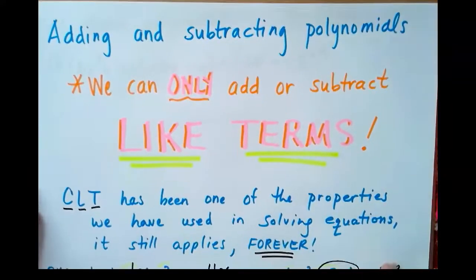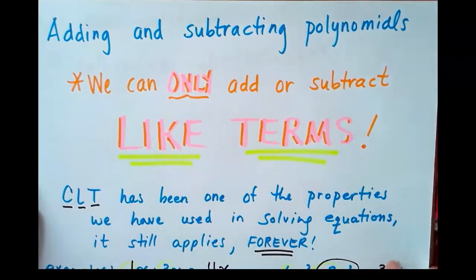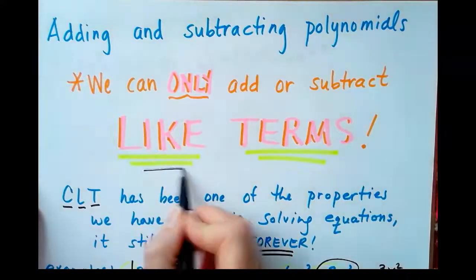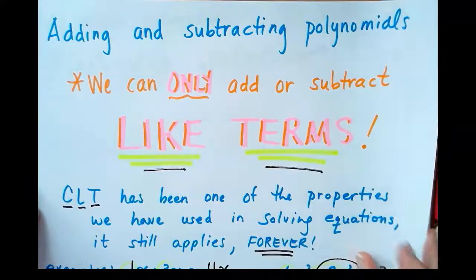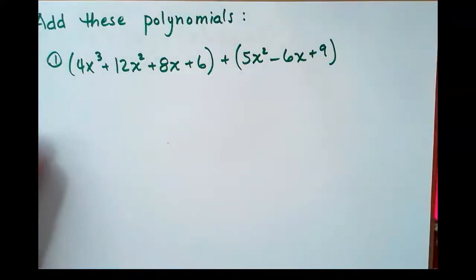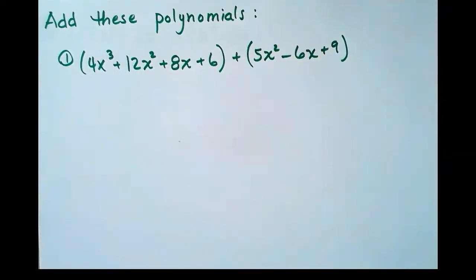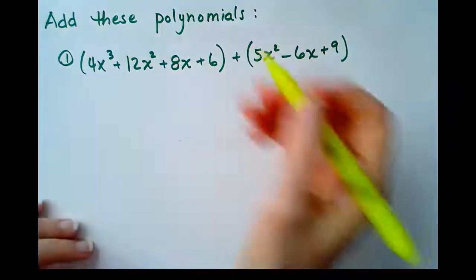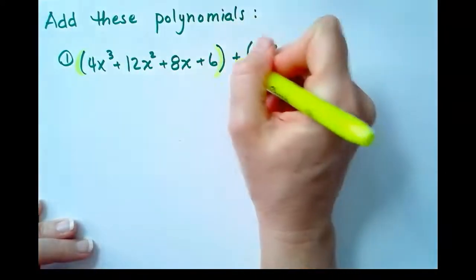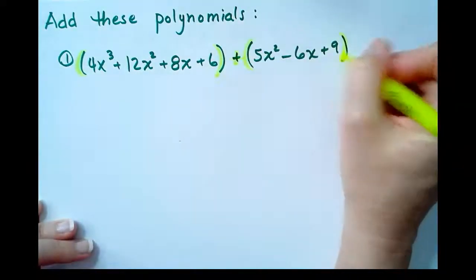So one more time, adding and subtracting polynomials, we can only add or subtract like terms. That's it. So we're moving on, and we're going to be adding these polynomials. I'm going to show you two different ways. The first way is just to do them horizontally. Now, we're going to see lots of problems in the book where they give us a quantity plus another quantity.